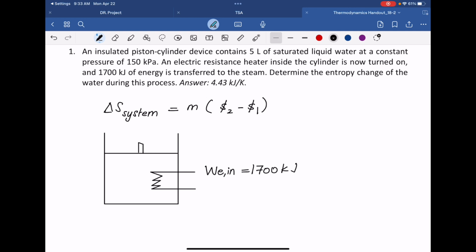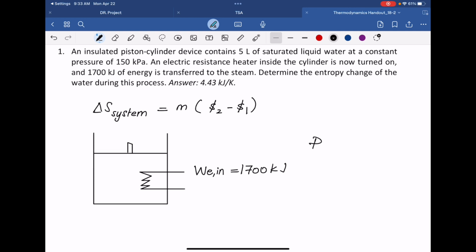And for initial state properties, they give us the pressure. And they also tell us it's a saturated liquid. And of course, we know our system is water. So this is enough for us to be able to look at the tables and read the specific entropy.